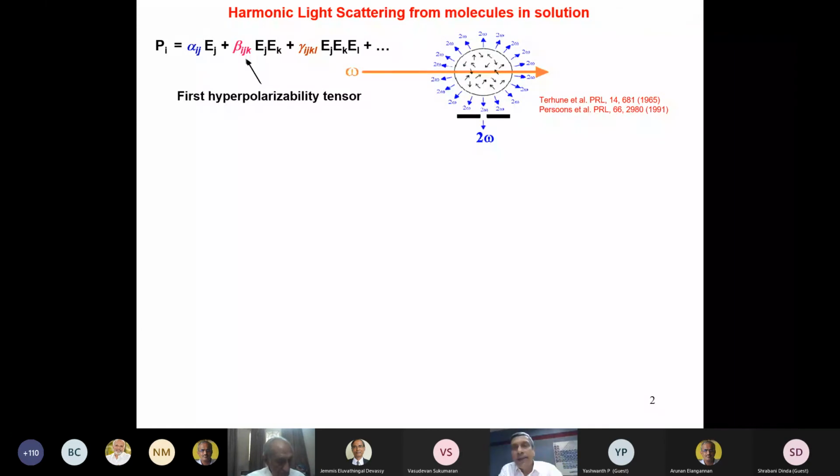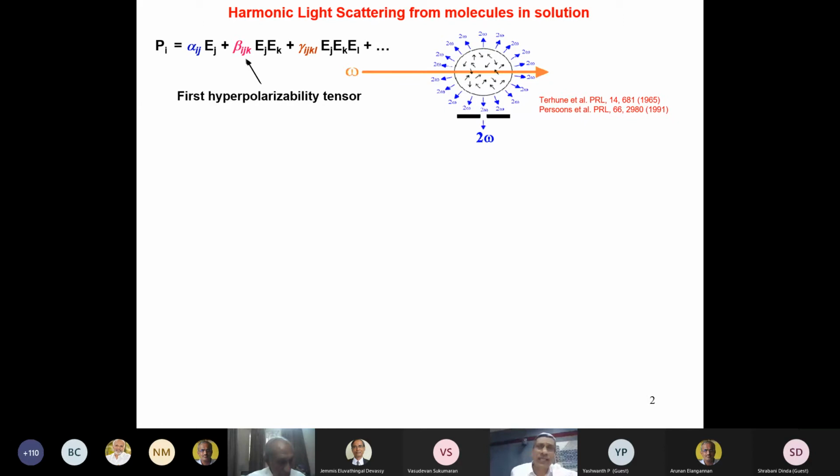Then later on, in about 1991, Parsons and Clays used this technique and revived it for finding out second-order nonlinear optical properties of molecules. Once this actually hit the journal, a lot of people got interested in it, and we also got interested in this technique.